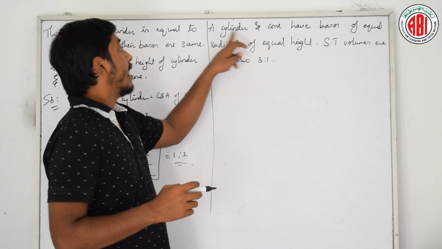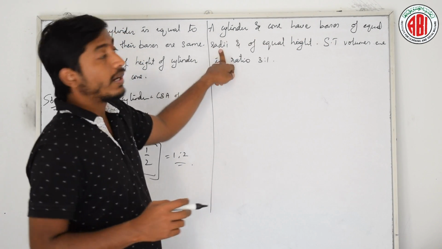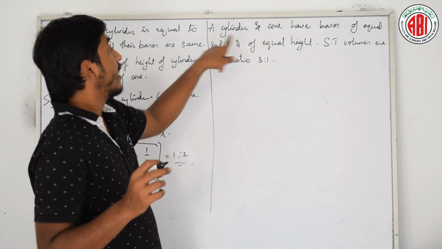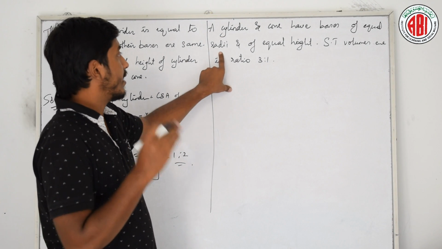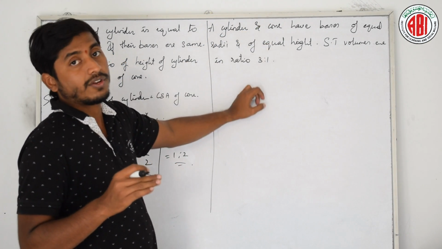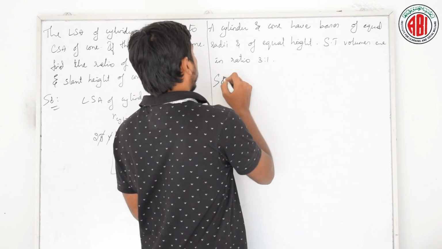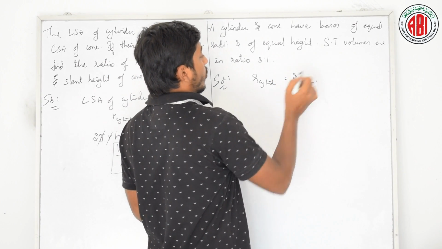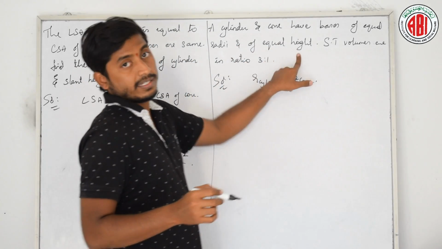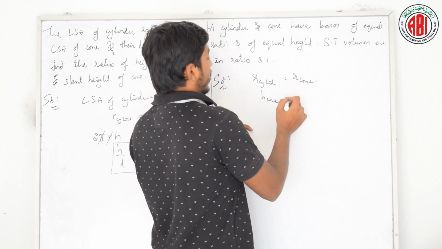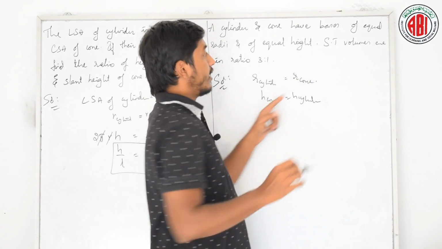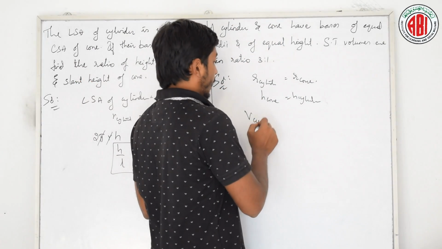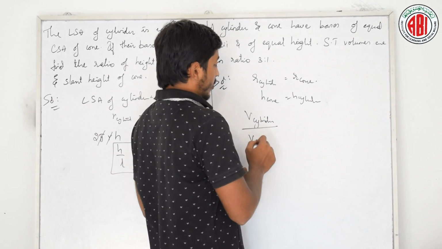See here, a cylinder and cone have bases of equal radii, which means the radius of the cylinder is equal to the radius of the cone. And the heights are equal, that is, height of cone is equal to height of cylinder. He is asking us to find the volume of cylinder to the volume of cone.